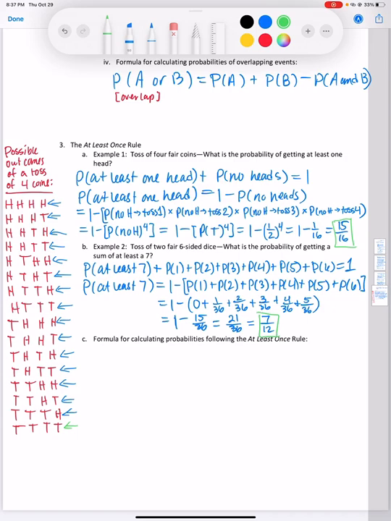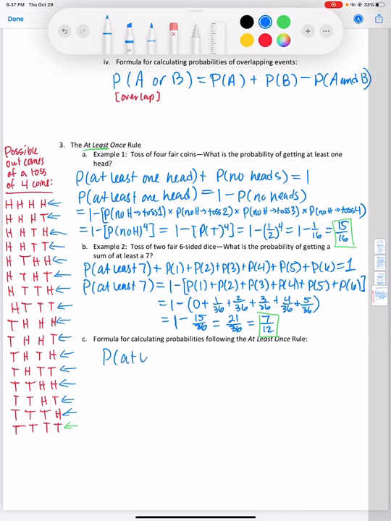So the formula for the at least once rule is the probability, and the key is at least once. So look for that in the homework if you want to use this one.